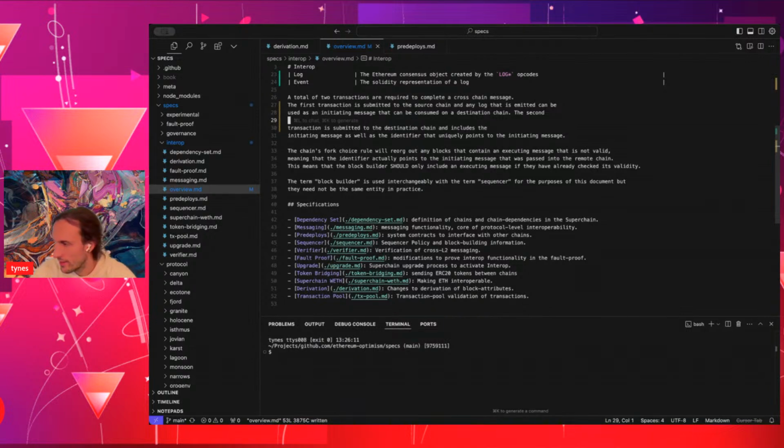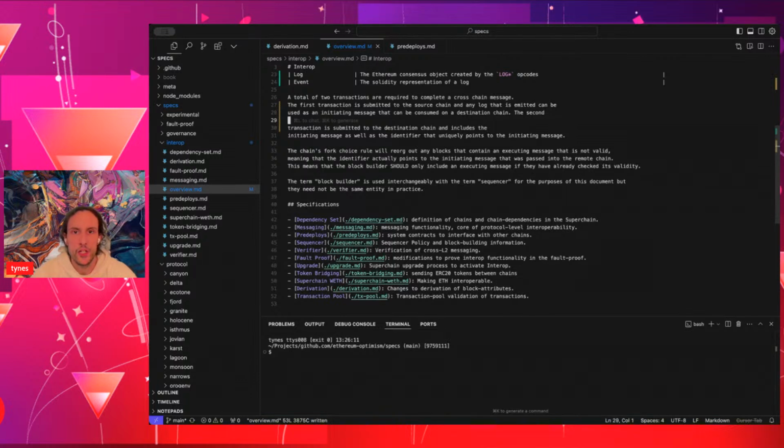All right. So a total of 2 transactions are required to complete a cross-chain message. The first transaction is submitted to the source chain, and any log that is emitted can be used as the initiating message that can be consumed on a destination chain.